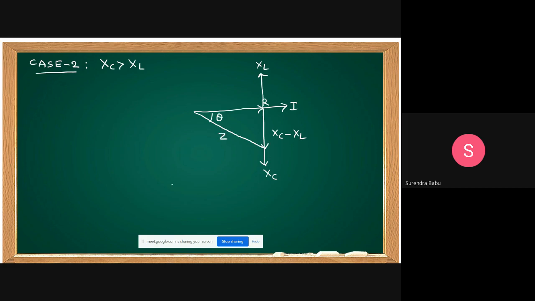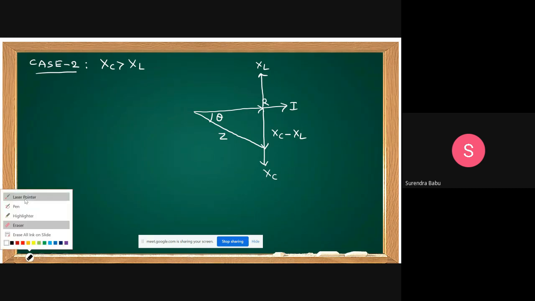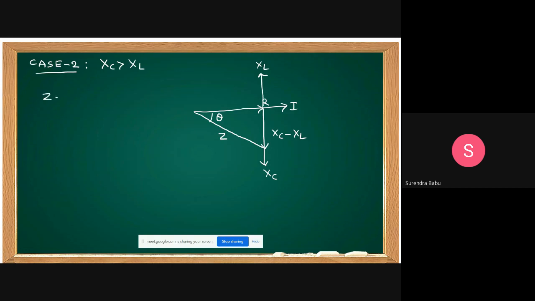What is Z? Clear? Now you draw R. What is Z, students? Z equal to square root of R square plus XC minus XL whole square. Come on, XC minus XL whole square.